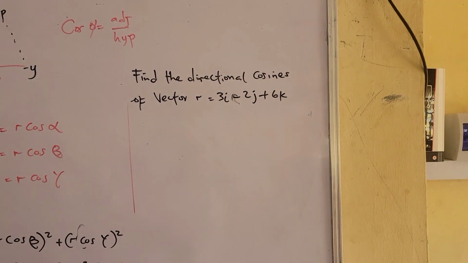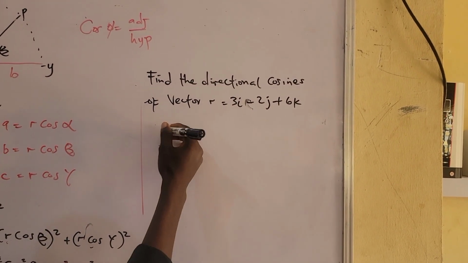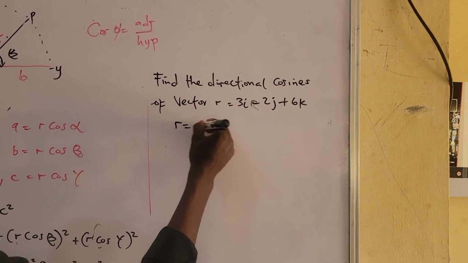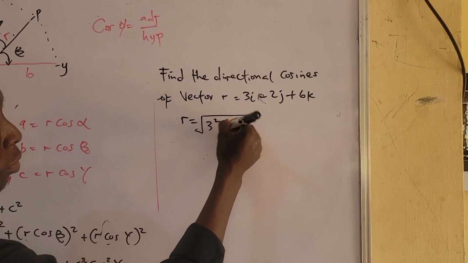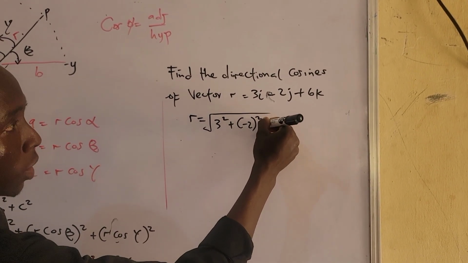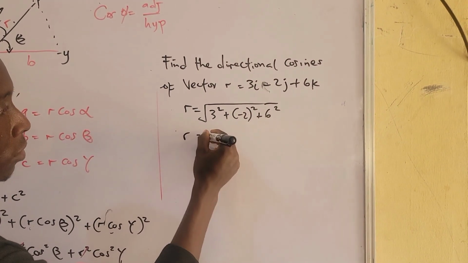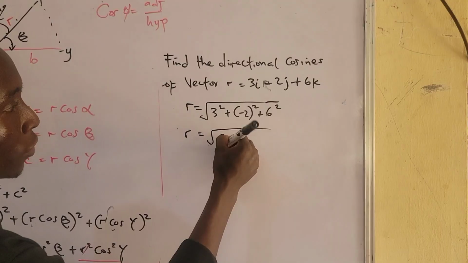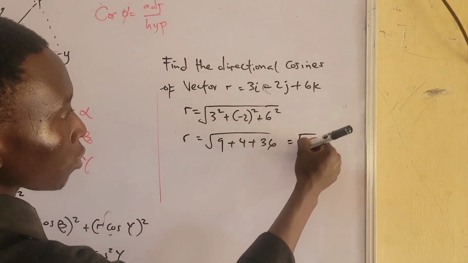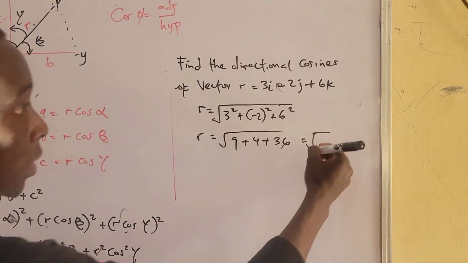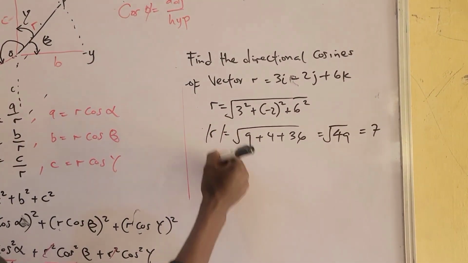Now, the first thing to do is to look for the magnitude. We've done that before. So the magnitude will be the root of 3 squared plus (minus 2) squared plus 6 squared. So we'll be having the magnitude of r equal to the root of 9 plus 4 plus 36, which gives us the root of 49, which equals 7. That is our magnitude of r.